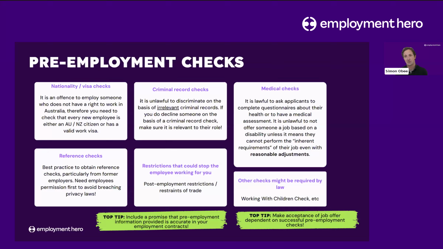This is generally done through what's called a VEVO check, which is a check on the government's portal, which will provide information on their working rights. You can do that through the Employment Hero application, which seamlessly links to that, but you need to do that in all cases.